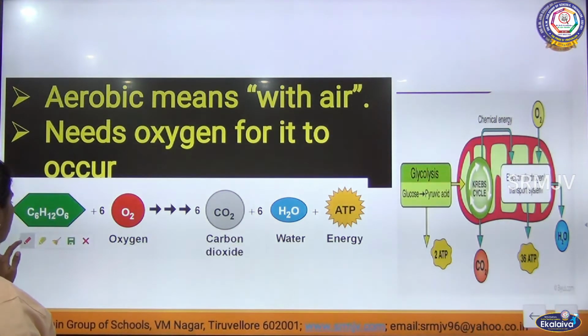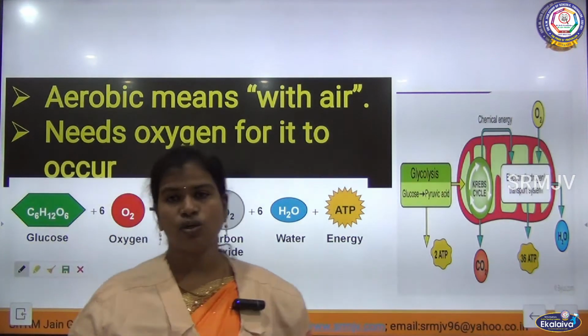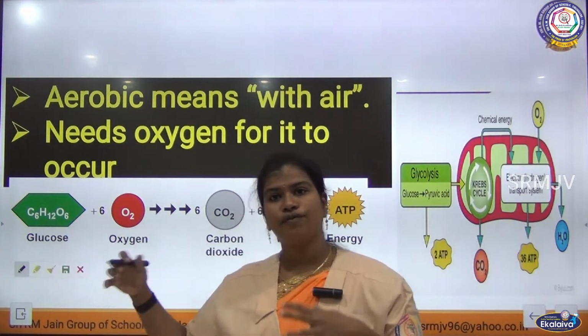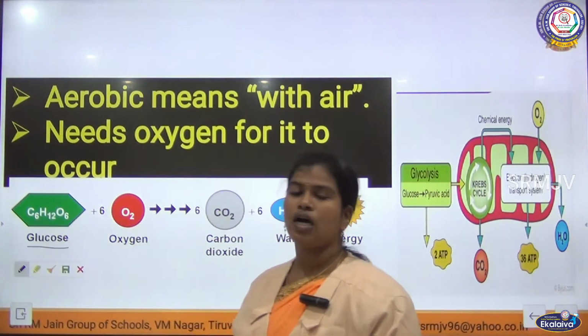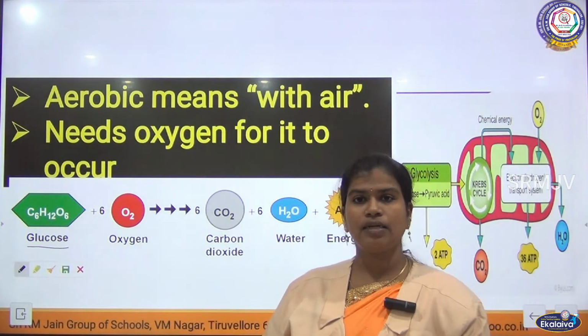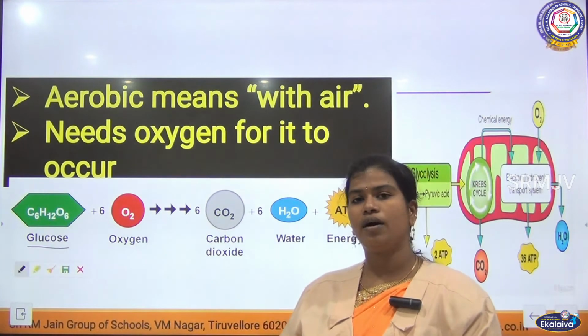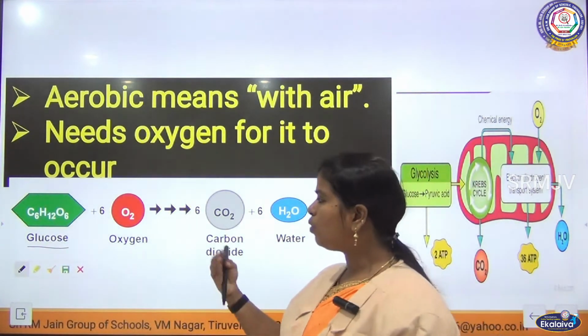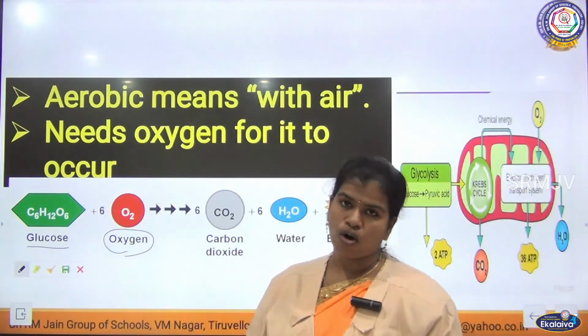This we have discussed in the previous class. We know that the food we eat is stored in the form of glucose in our body. We get energy from the glucose, and how do we get the energy? Only with the help of oxygen.